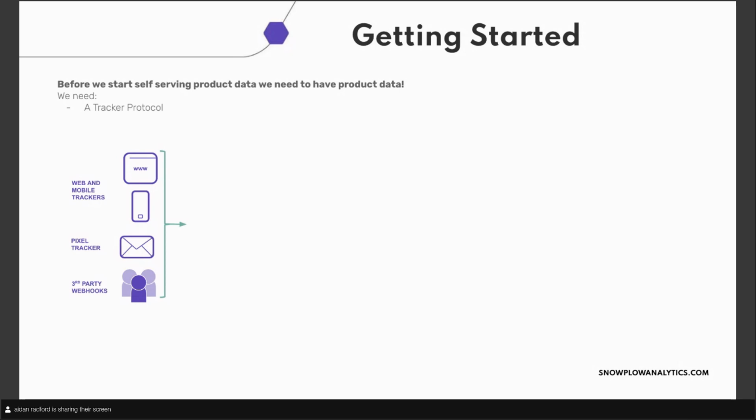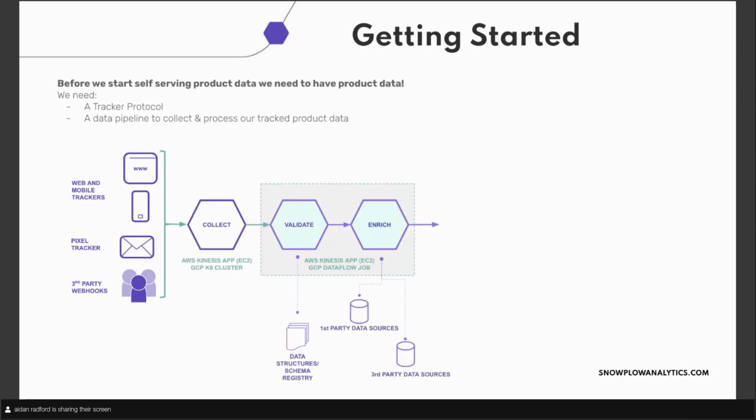Once the data has been tracked, we need some kind of infrastructure to collect the events and the data, and the way this infrastructure is set up can vary. This is just the Snowplow way of doing it. Invariably at the start you have a collector to collect the events.